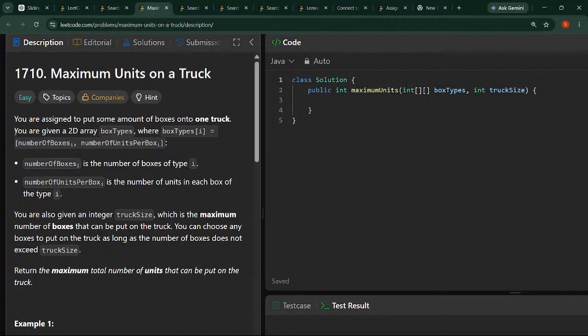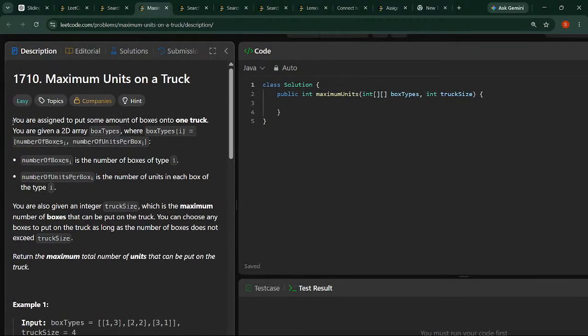You are given a 2D array boxTypes where boxTypes[i] is the number of boxes of type i and the number of units per box is the number of units in each box of type i.